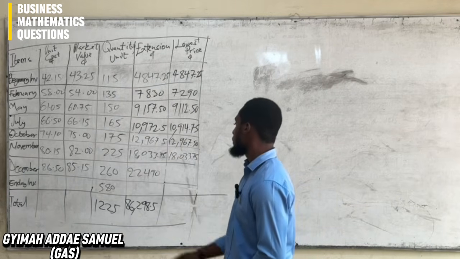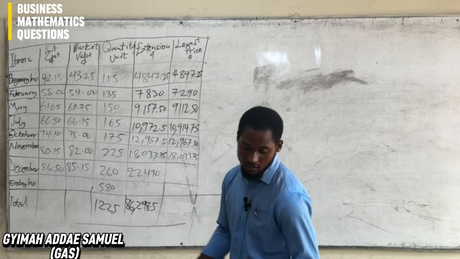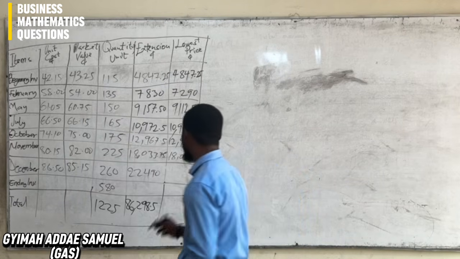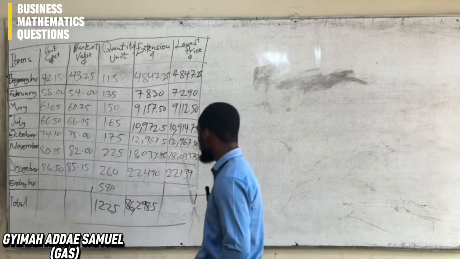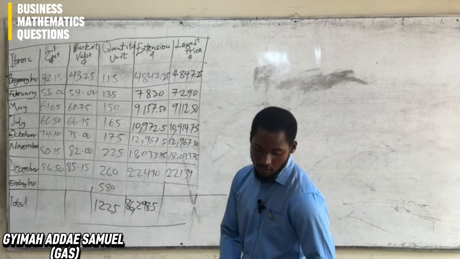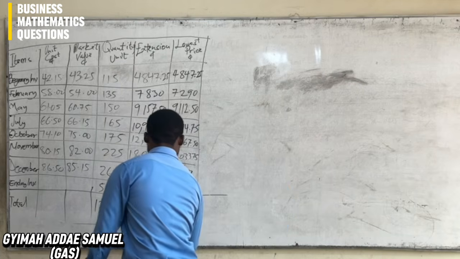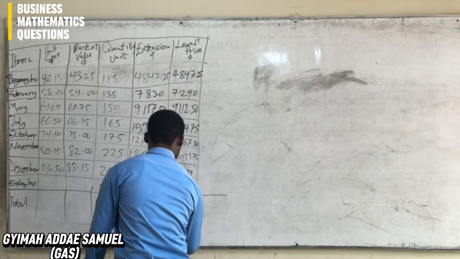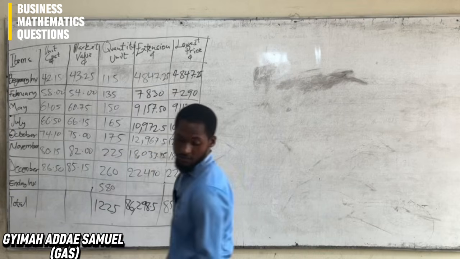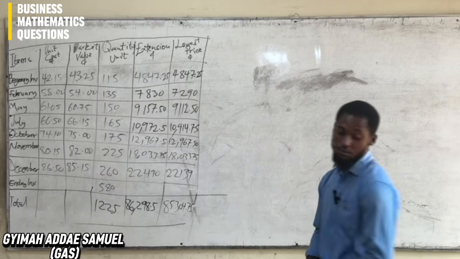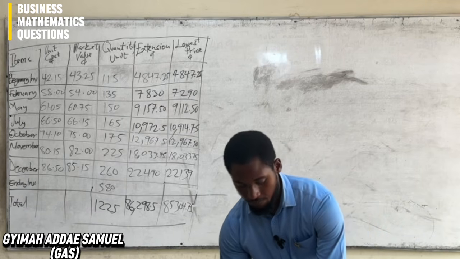December, the lowest here is 85.15. So we multiply it by 260 and we get 22,139. So we add all this to get our total, and the total is 85,304.75.